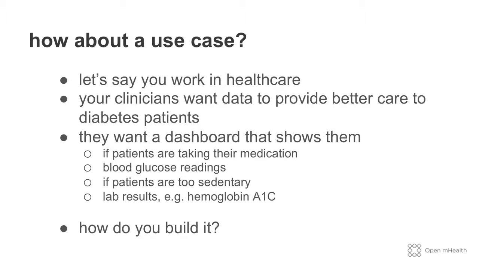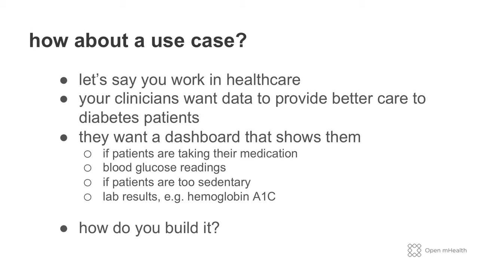So let's say that you work in healthcare, and your clinicians want data to provide better care to diabetes patients. So we speak to clinicians all the time, and we know that the things they care about are whether patients are taking their medication, what their running blood glucose readings are, if their patients are sedentary or not, and their lab results. If you get all that information in one place and you can correlate it and make sense of it, you can provide better care to diabetes patients.